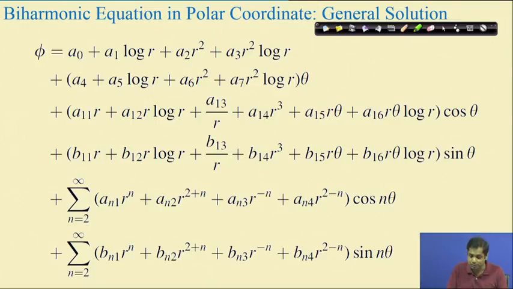This expression is a general solution of the biharmonic equation that we just saw in the previous slide. Please look at this expression. This is an infinite series. This is a general solution, but when we apply this method to a particular problem, we won't take all the terms. We'll take a finite number of terms from this general expression.